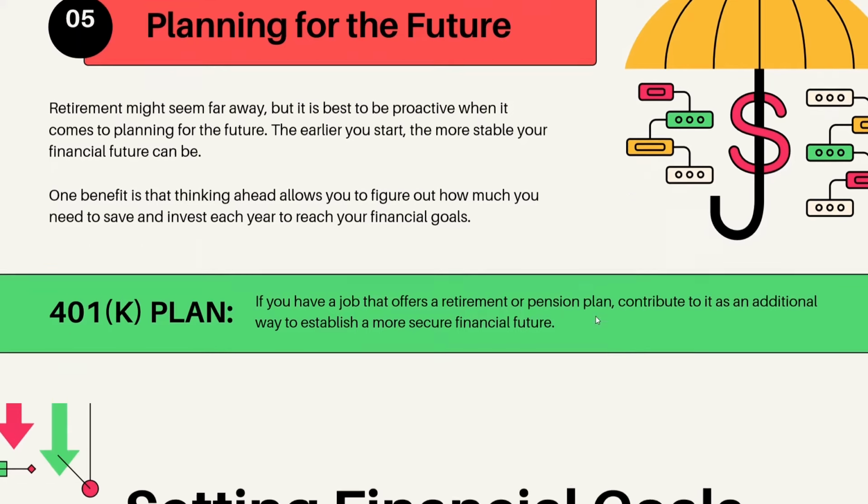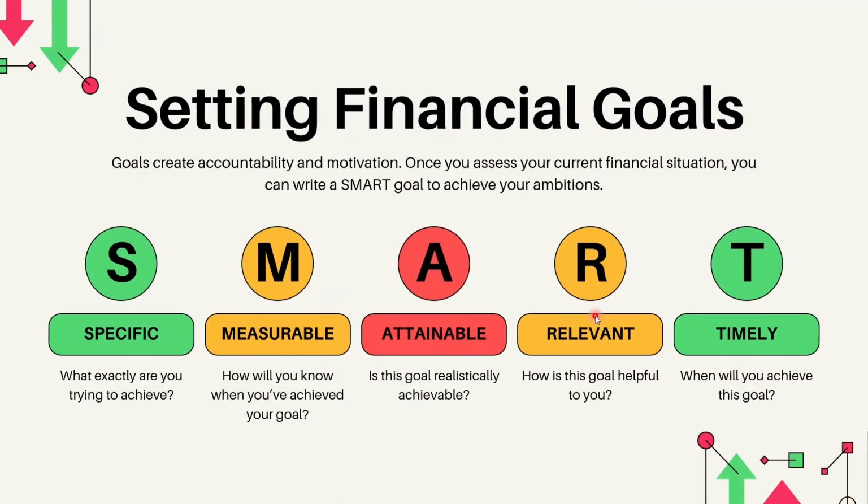Now, when setting financial goals, you need to make sure that goals create accountability and motivation. Once you assess your current financial situation, you can write a SMART goal, which is very important. What exactly do you want to achieve? Your goal should be specific.